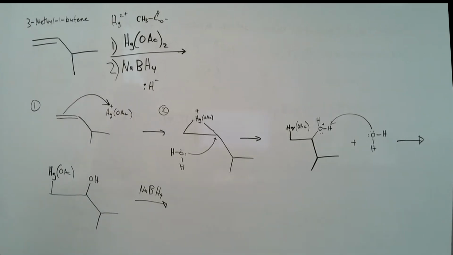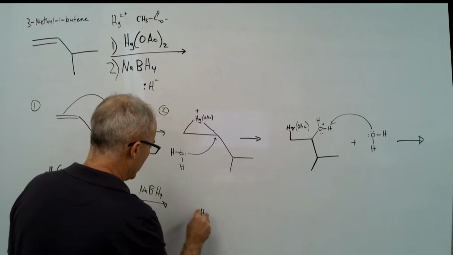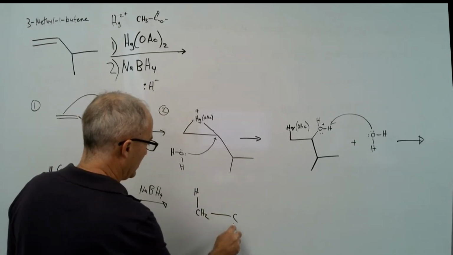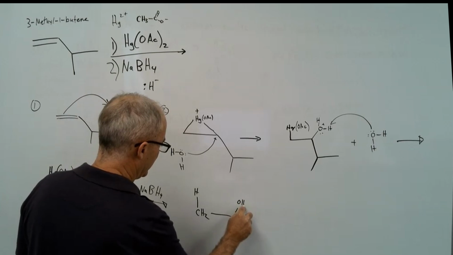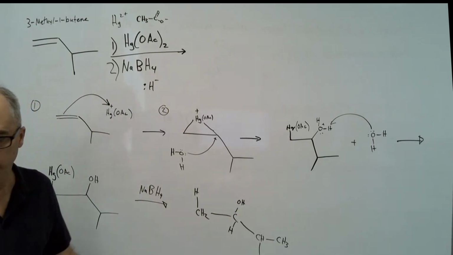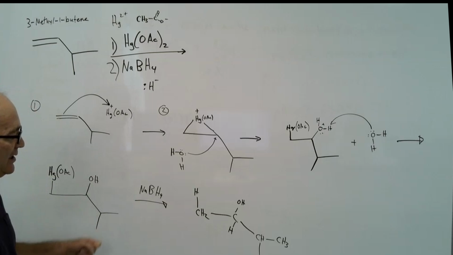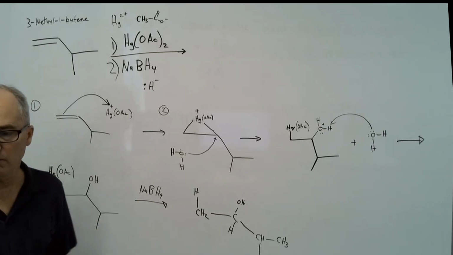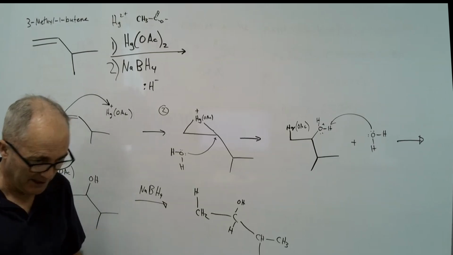Next up, this is a reducing agent, and so now I'm going to just draw that carbon like this. This looks like regular old hydration of a double bond, and it looks like what type of regioselectivity?